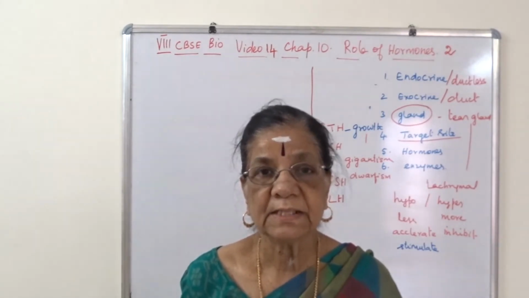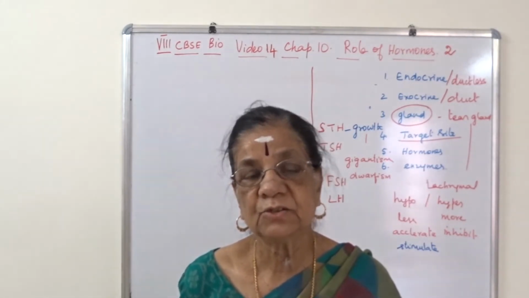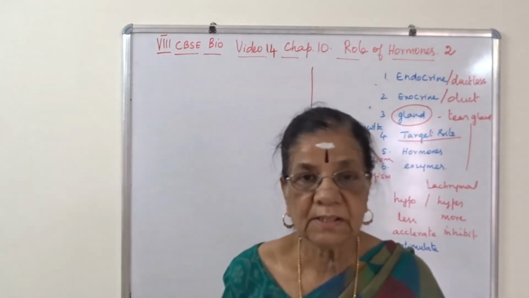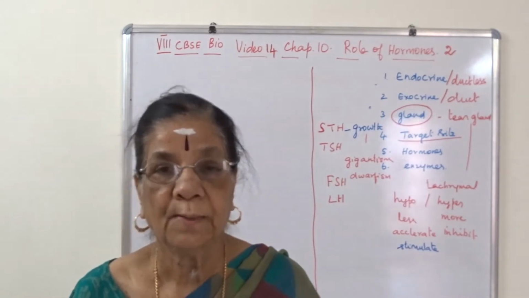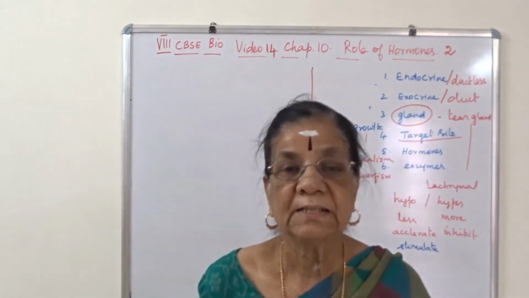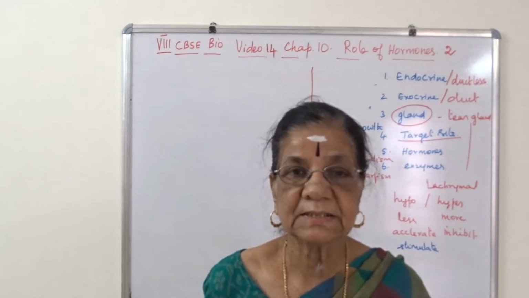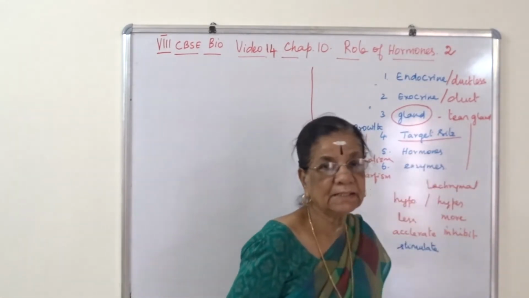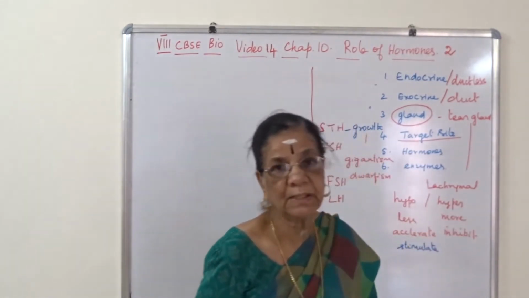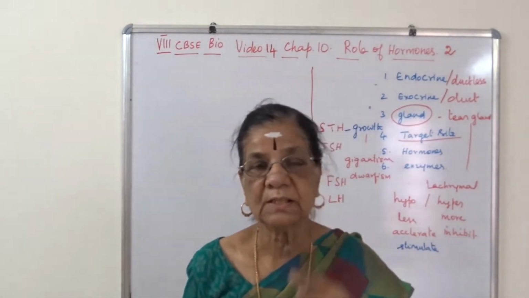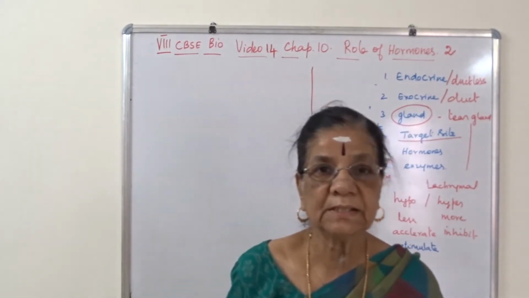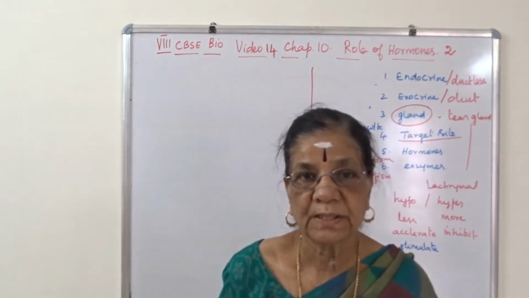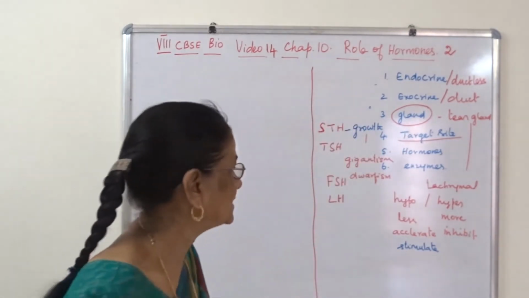Example, the salivary gland carries saliva through the salivary duct. The liver carries bile juice through the bile duct. Other than these digestive glands, there is the tear gland, also called the lacrimal gland, which secretes through the lacrimal duct. I hope you understand. We just started this yesterday.